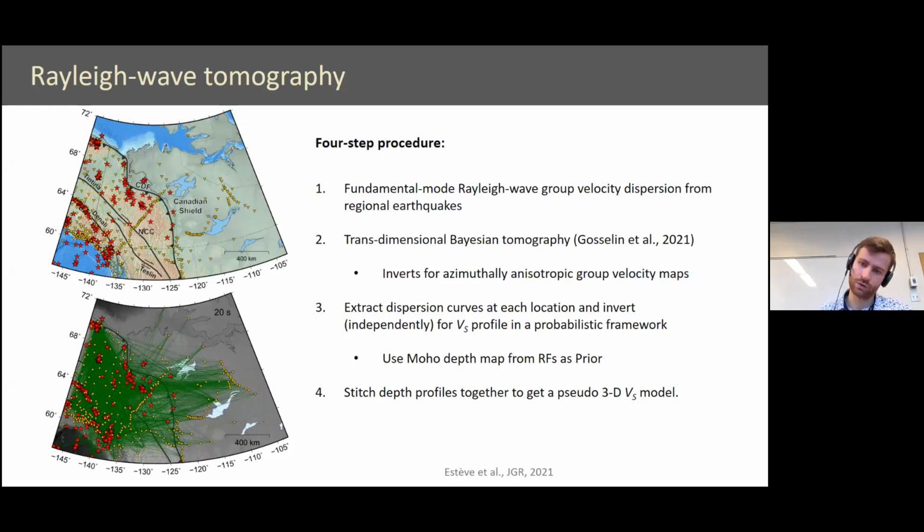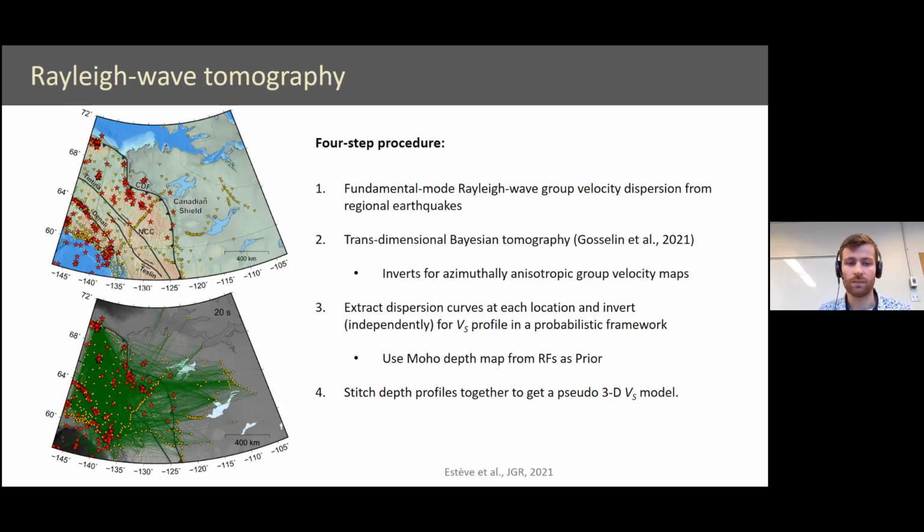Here we also use MOHO depth priors from receiver functions, because surface waves are not great to image discontinuous structures such as the MOHO. So it's always good to have some other information such as the MOHO estimates from receiver functions. And finally, we stitch together the different depth profiles and we get a pseudo 3D VS model. And that's what I'm going to show.